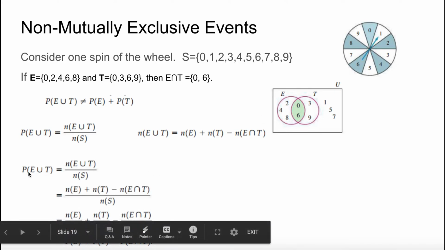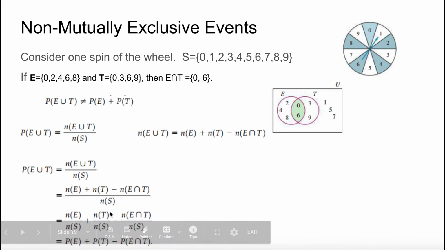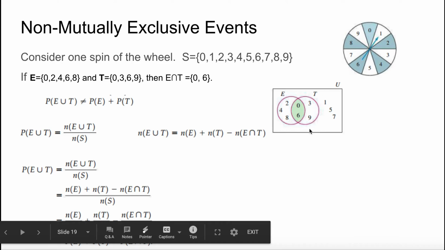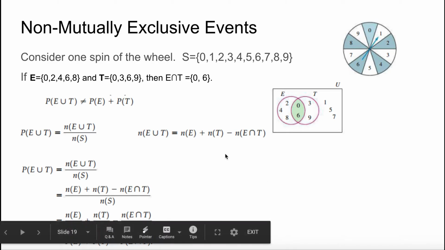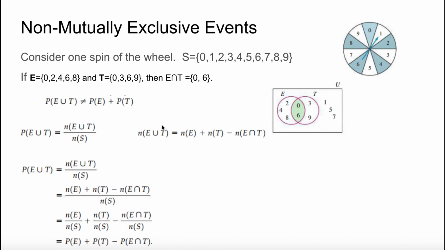So the probability of E union T should come from this over the total elements in the sample space, everything, right? So just remember, if it's not mutually exclusive, you can think about the union as counting this and that and subtracting what is counted twice, that is actually the overlap.